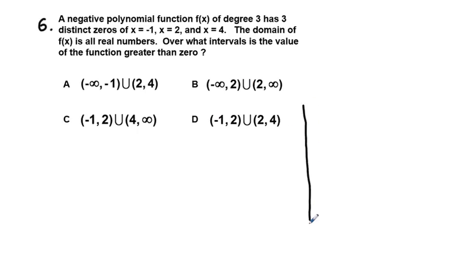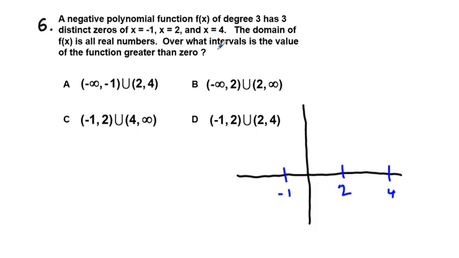And so just creating an x, y coordinate plane, if we look at where our zeros are and mark them at x equals -1, which I mark here, and x equals 2 on the right side of the y-axis, and at x equals 4. So those are the zeros that are given to us, and we have a degree 3, and we have 3 distinct zeros.